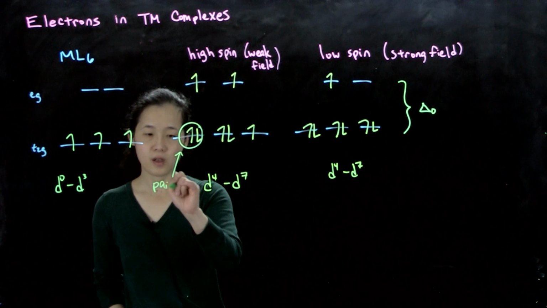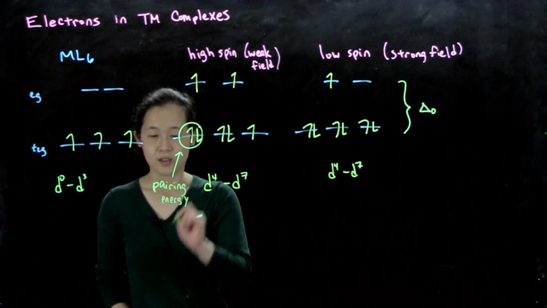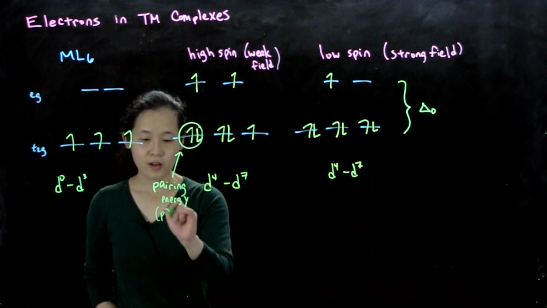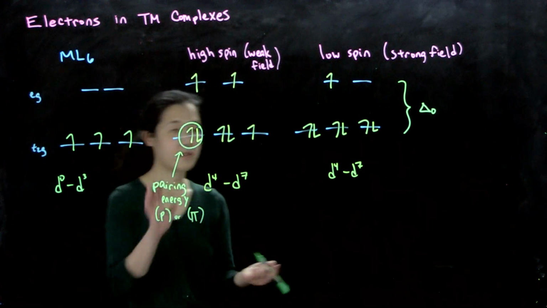Those are our 2 competing energetic factors. Pairing energy I'll call P, but you might also see it called pi in some textbooks.